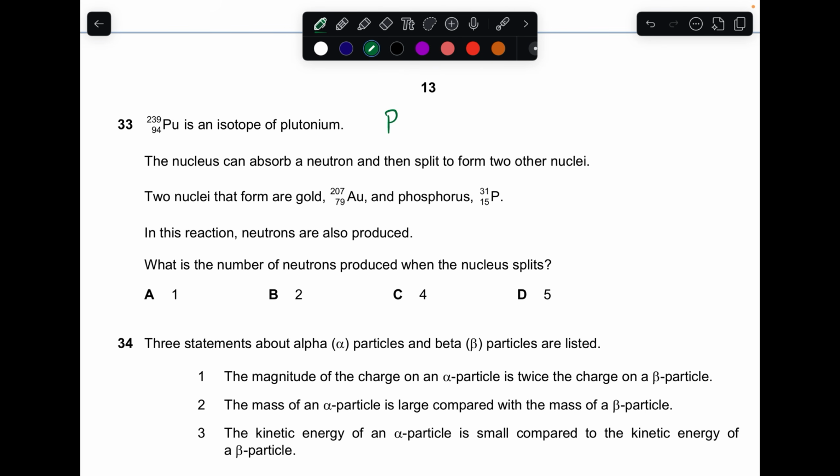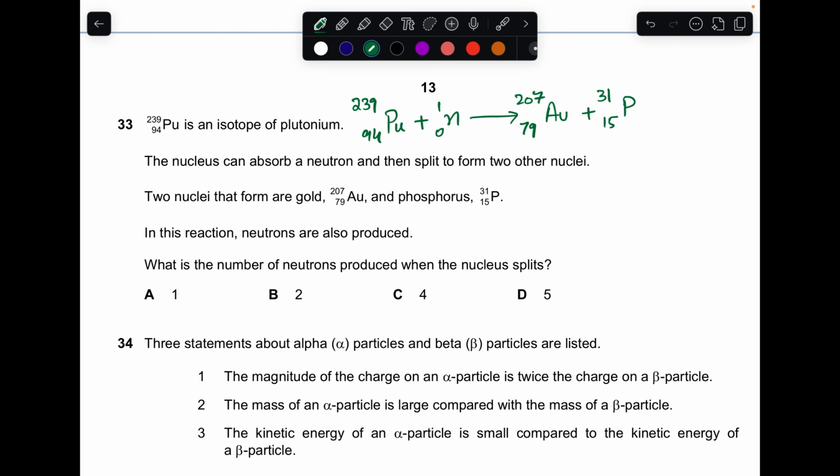We have Pu, this is 239, this is 94, and it is hit by a neutron. Neutron is 1, 0, right? And it's going to make gold, that is 207 and 79, plus phosphorus, that is 31 and 15.